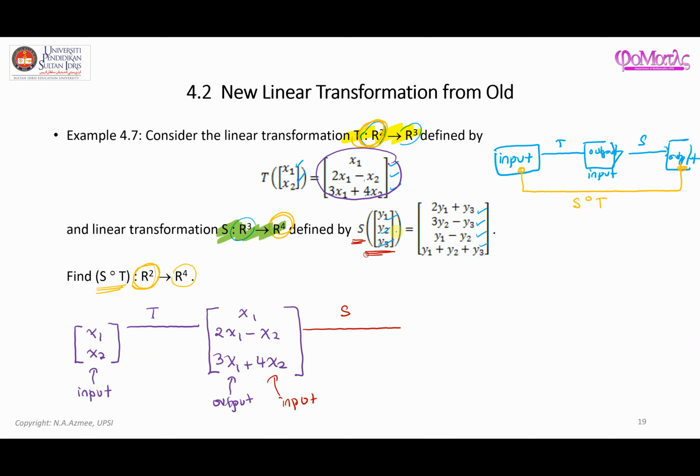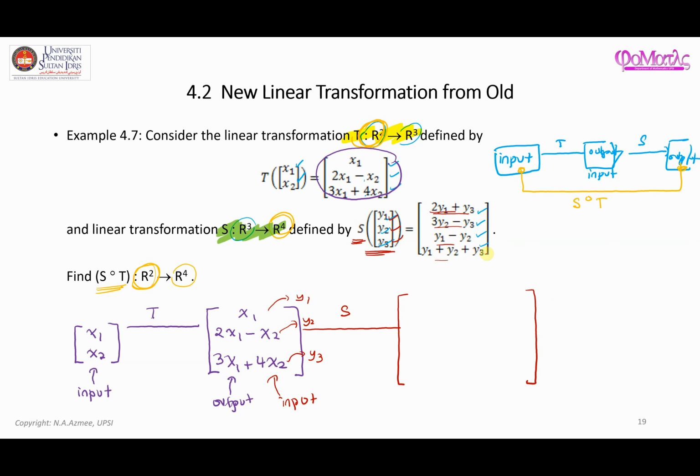The input that we have is y1, y2, y3. There are 3 components in here. In other words, you can think of it as this is y1. This is just a little note I'm putting right next to it. So this is y2 and this is y3. And in order to know what sort of output you will get, you have to consider the rule given here.